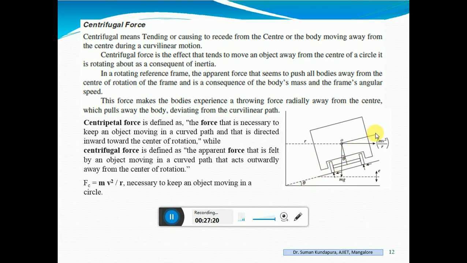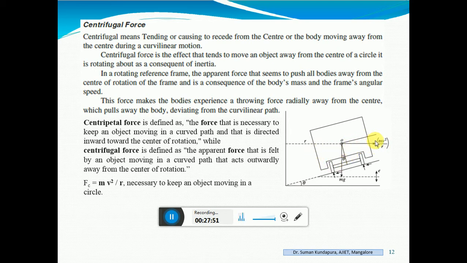So what I'll do is take the summation of the forces along the x-axis. What is this? This is W equal to mg. What is this? This is the centrifugal force. Centrifugal force for an object in a curved path is given as mv squared divided by r, where m is the mass, v is the velocity, r is the radius.